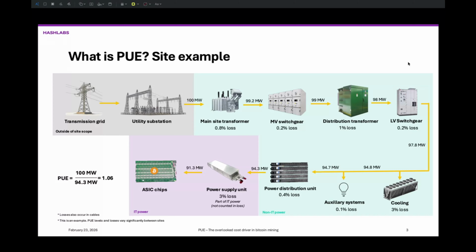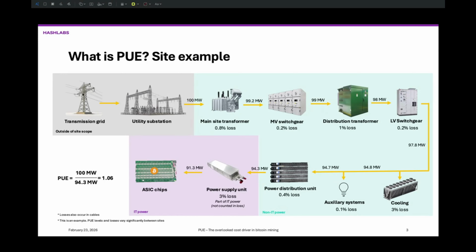So I will show you now an example of how power is flowing through a mining site so that you can understand how power usage effectiveness is actually calculated. Let's start from the beginning, and we will go through the journey of the electron from transmission grid to chip.